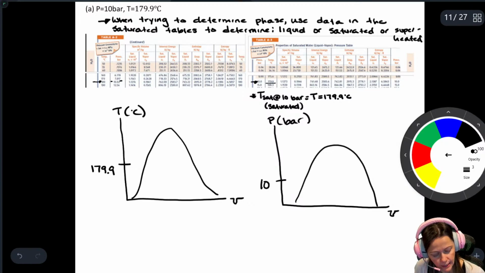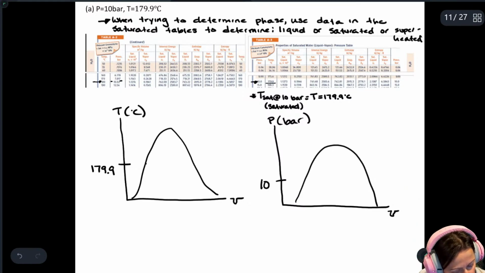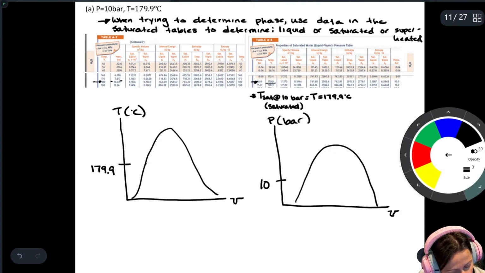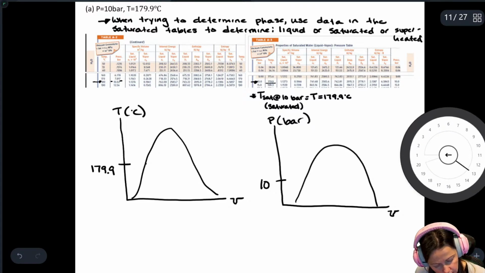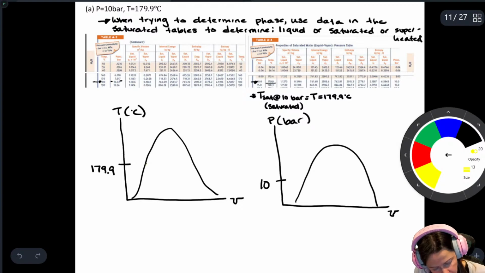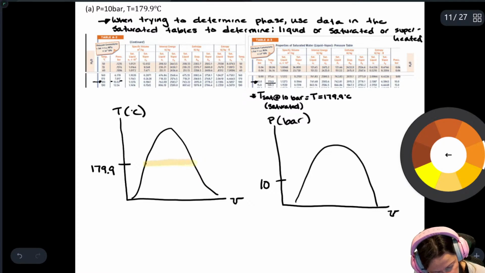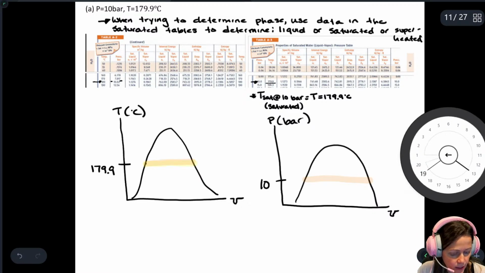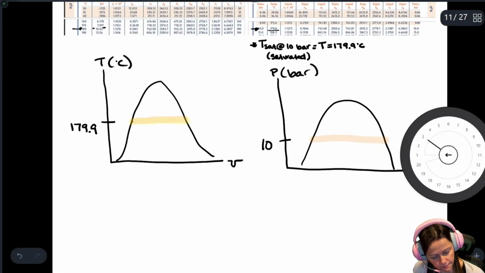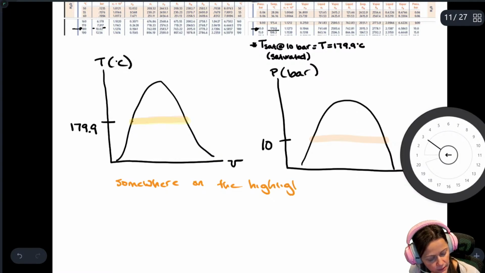Well, all I can say is I am somewhere right there. I can't really say with any certainty where along that highlighted line I am.